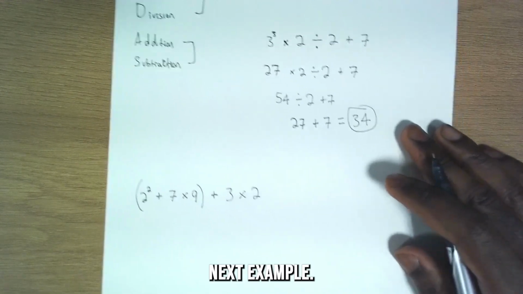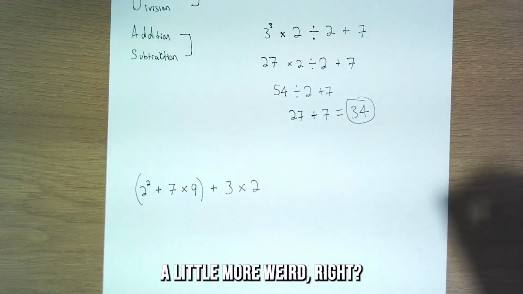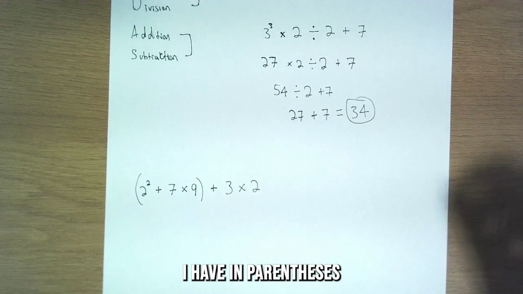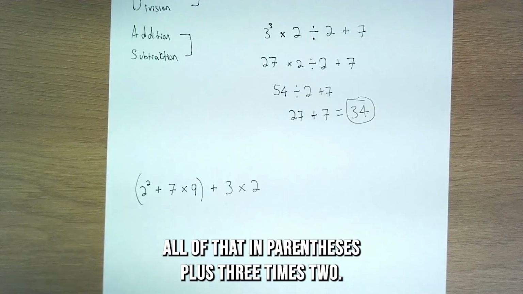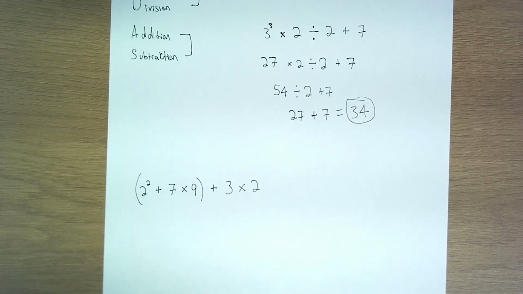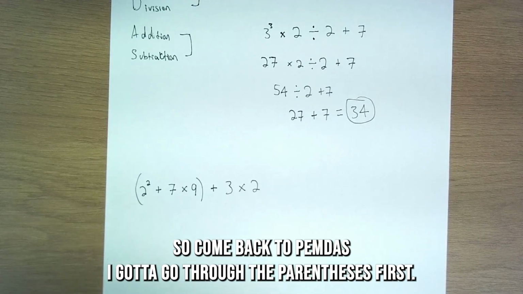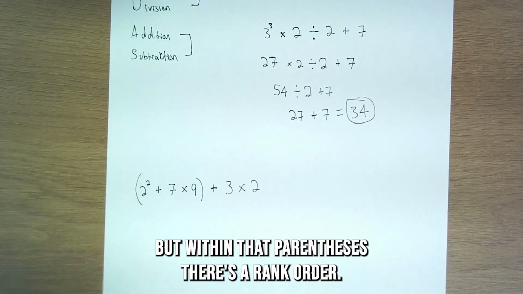Next example. A little more weird, right? I have in parentheses 2 squared plus 7 times 9, all of that in parentheses, plus 3 times 2. So coming back to PEMDAS, I have to go through the parentheses first, but within that parentheses, there's a rank order.